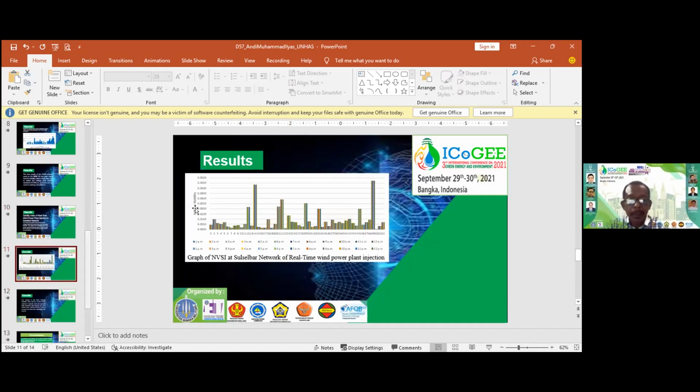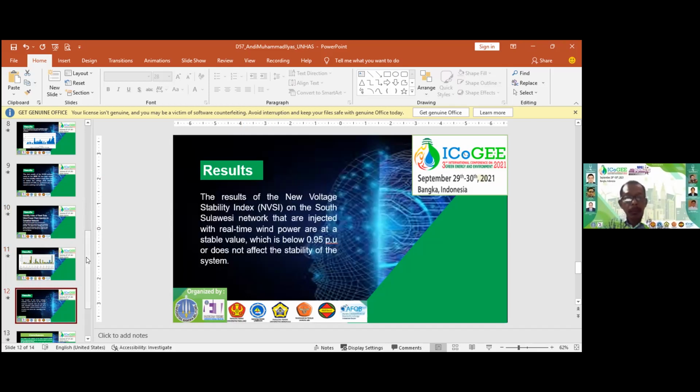This is the graphic and the result of the real-time analysis using the new voltage stability index.